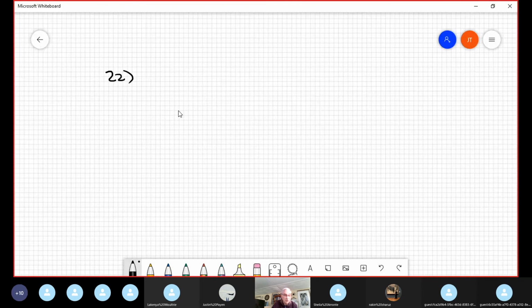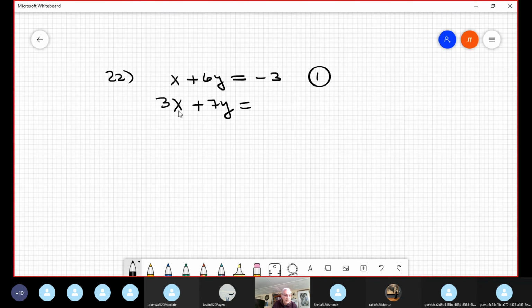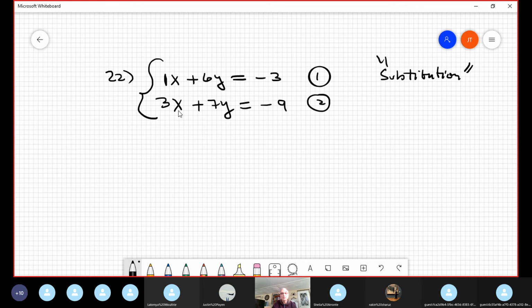22 is x plus 6y equals negative 3. Equation 1. 3x plus 7y equals negative 9. Equation 2. And this is my system. Okay, in this case, I realize again, coefficient 1 here, ready for substitution. It's the best way.